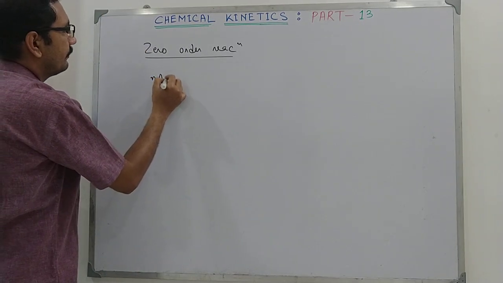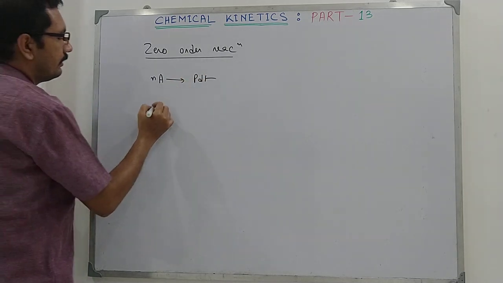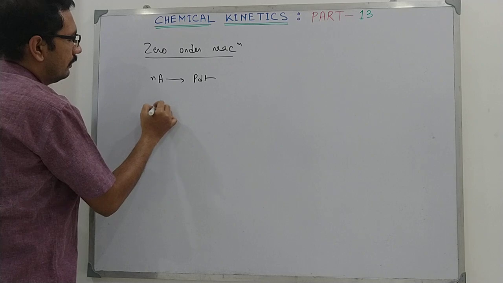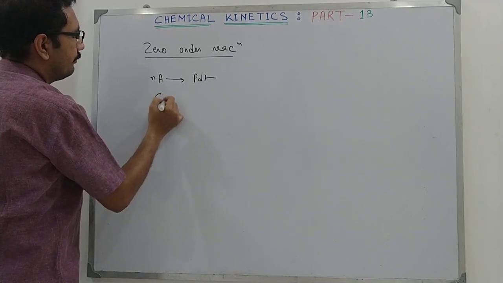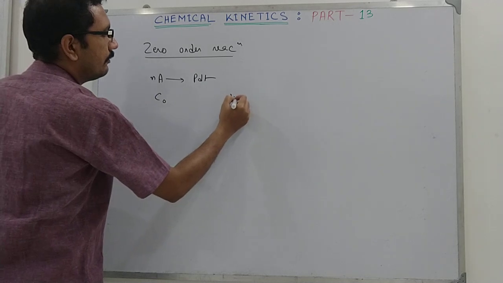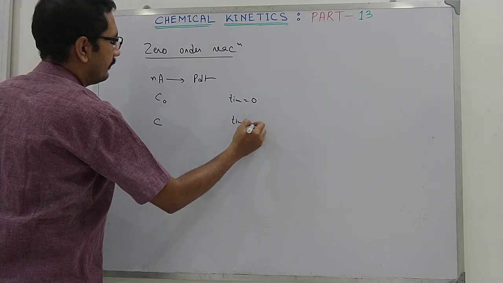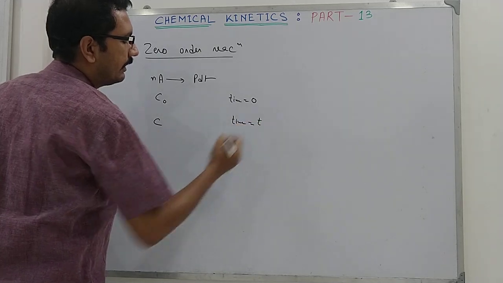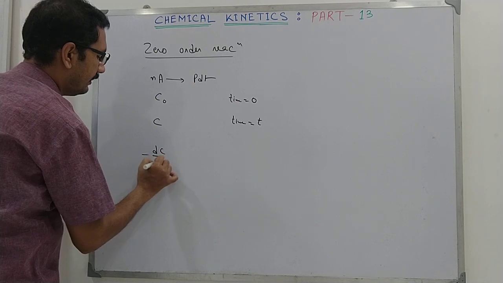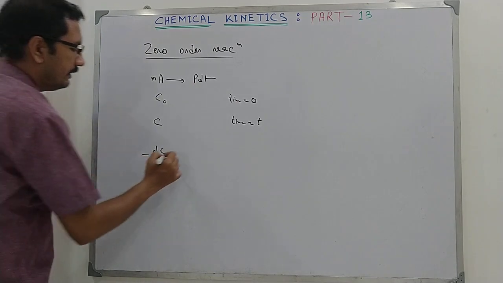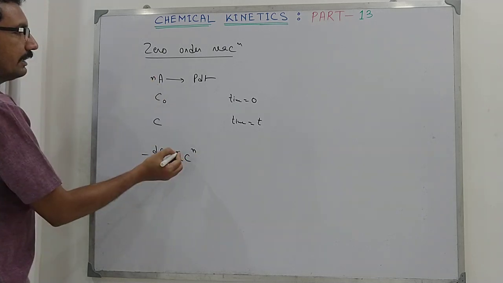So if we write like this, say nA arrow product, and if we start from initial concentration C0 at time equal to 0, and if we have C concentration left after elapse of time t, then at time t the rate, minus dC/dt, will be equal to k into C to the power n. This is for nth order reaction.